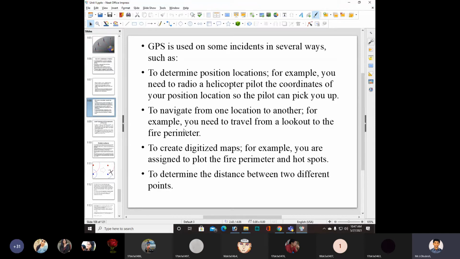To navigate from one location to another.